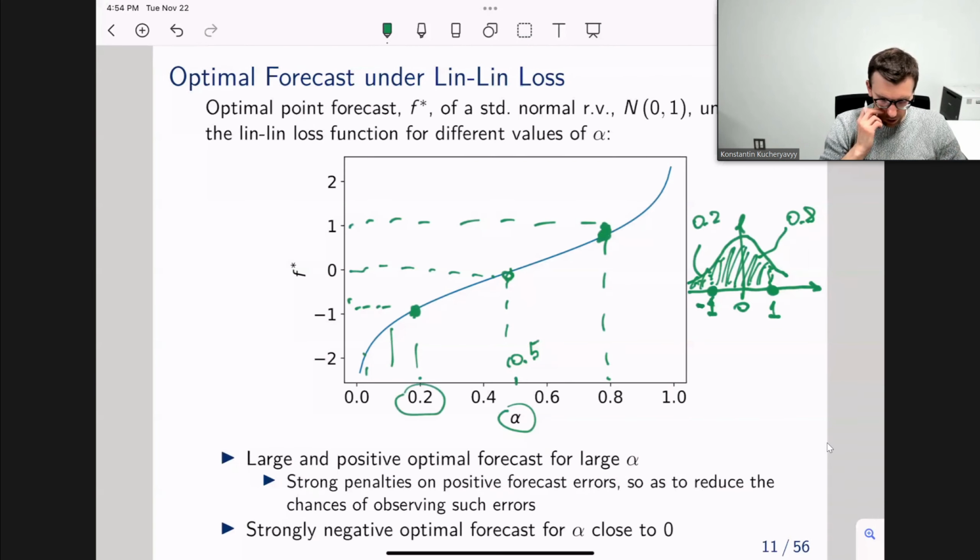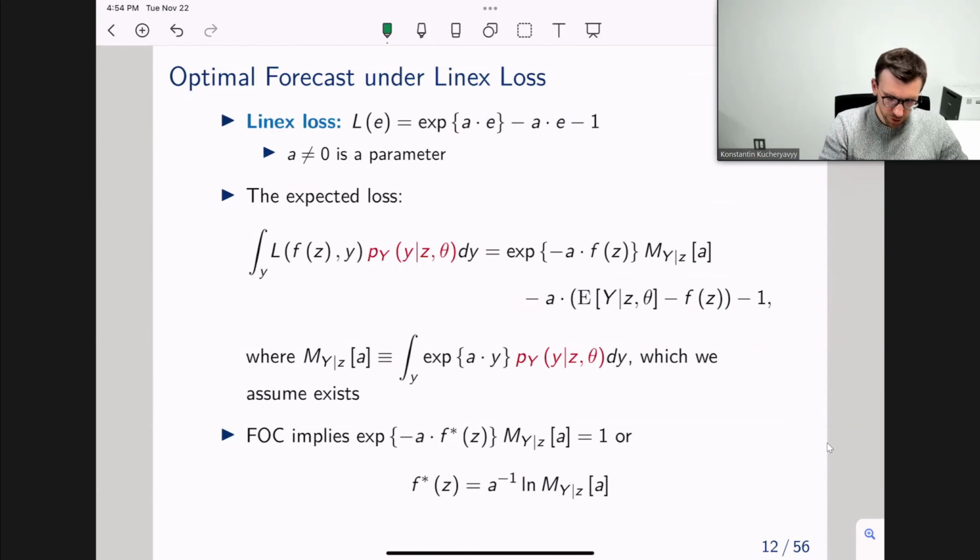And then with Linex loss, let us go through it. So in this case, the loss function is given like so. a is a parameter not equal to 0. Then we again can put this here.